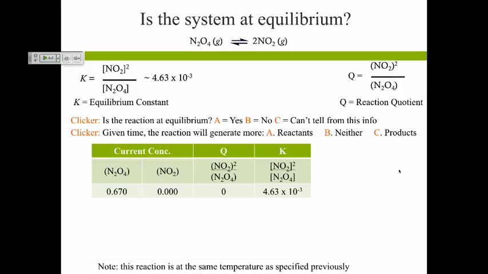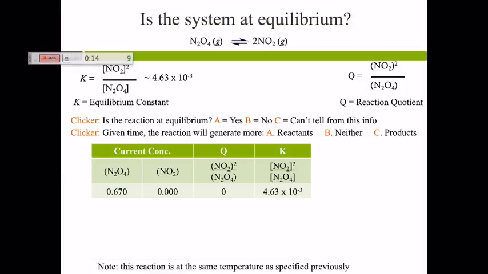So let's ask one question before we move on to another set of concentrations. With the Q value that we do have, let's answer that second clicker question. Given time, the reaction will generate more of reactants, products, or neither.